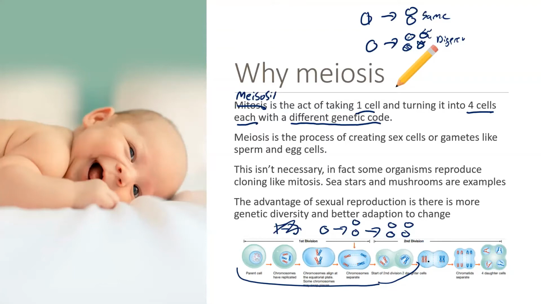But then each of those 2 gets split into 4. And this is the second division here. That second division then makes 4 cells, each with less of the chromosomes. And I'm going to talk about how much less.